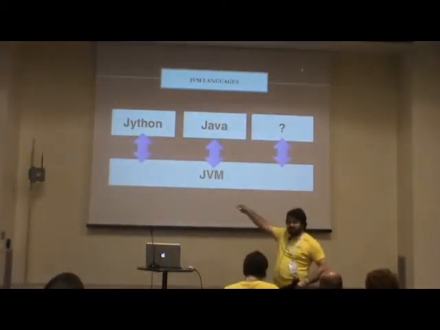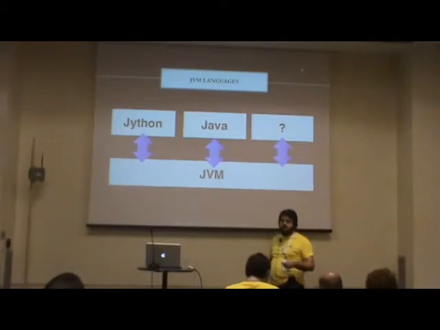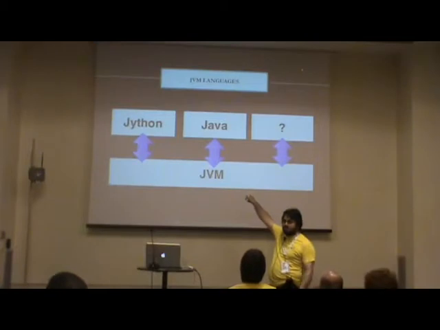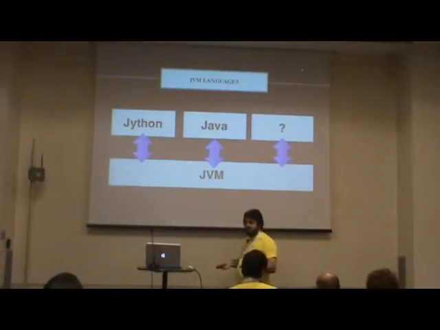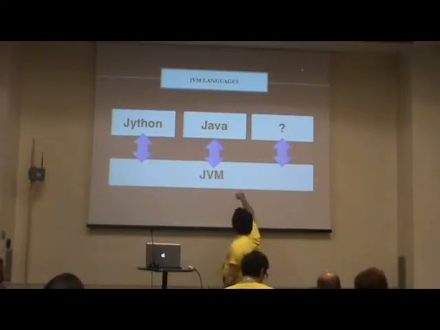So, here we have Jython, which is a Python implementation in Java, which runs on the Java machine. Here we have Java, which is the main language of the machine. But nowadays, they are adding support for other languages, and third-party developers are using Java as a basis for more languages, even more languages.